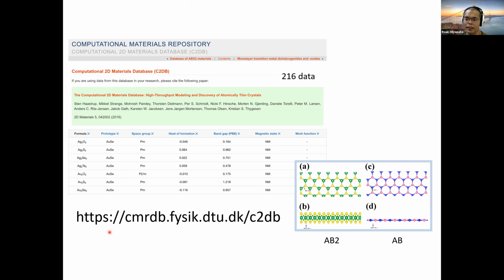At that time, 216 data were available, but I think now more data is available, so you can check this website. In this database, you can find MoS2-like and graphene-like two-dimensional material data. So I used those data to apply the data science technique.